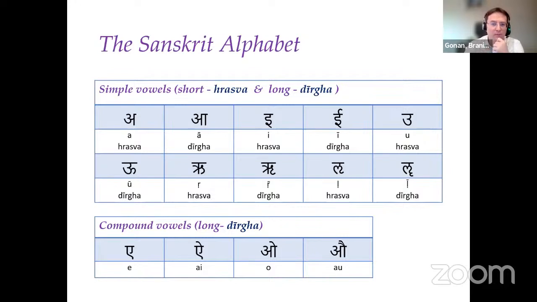Later on, when we speak about matra, or duration of the sound, we will say that hrasva is 1 unit of time and dirgha is 2 units of time in terms of duration, so double as much. Compound vowels are formed when two simple vowels join together, forming the 4 compound vowels e, ai, o, au, and all of these are long.